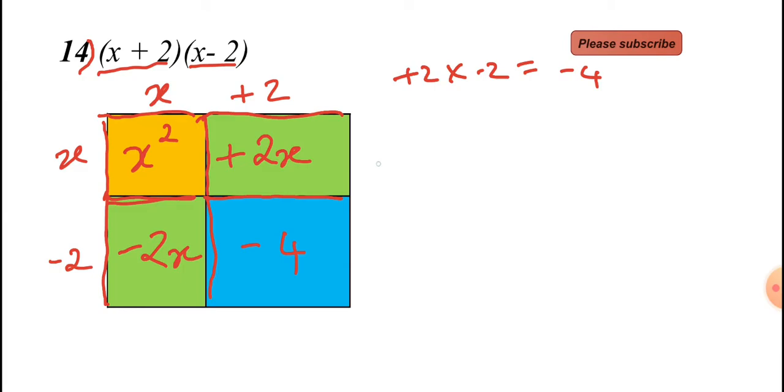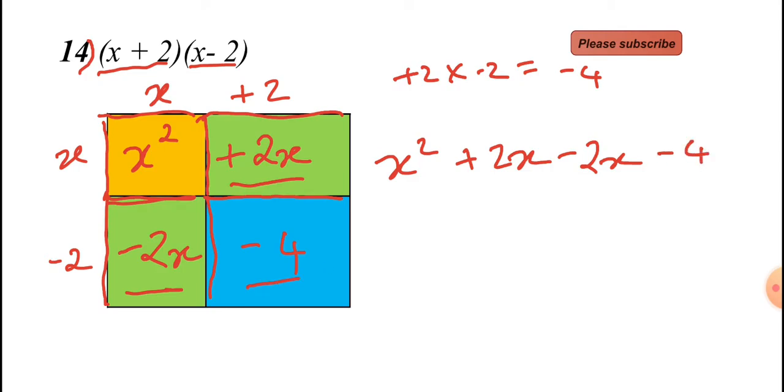So from the yellow square I've got x squared, then from here I've got plus 2x, and then from here I've got minus 2x, and from here I've got minus 4.